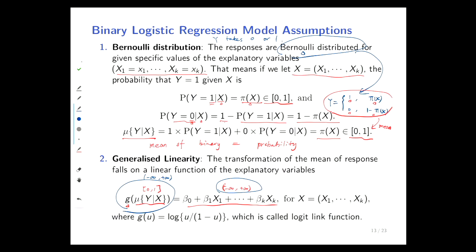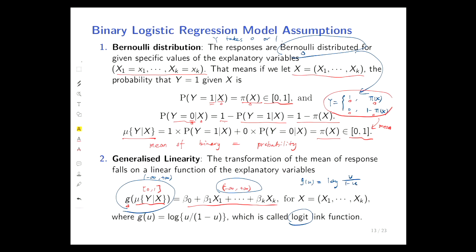So this g function can actually be found, and it is called the logit link. So this is exactly the function which can force this mu y given x, through the g function, to range from minus infinity to infinity. So g(u) equals log(u divided by 1 minus u). So it can change the range on the left side of the equation.